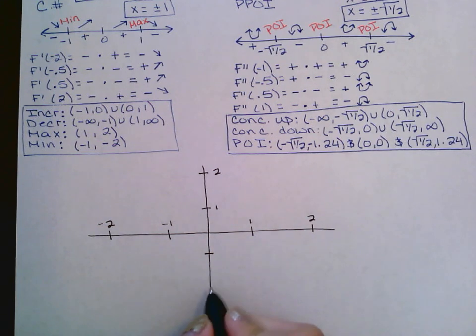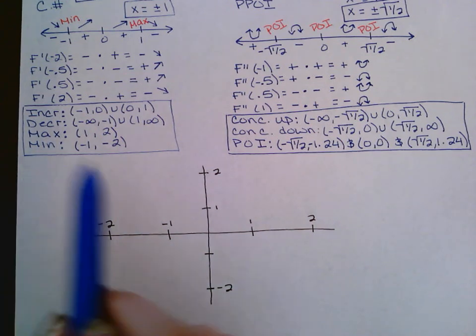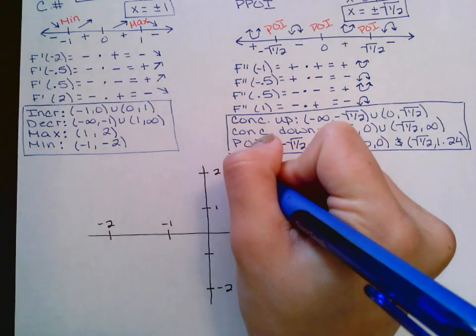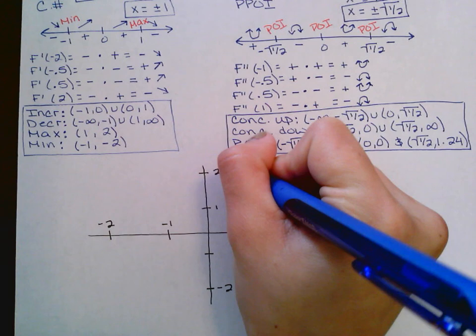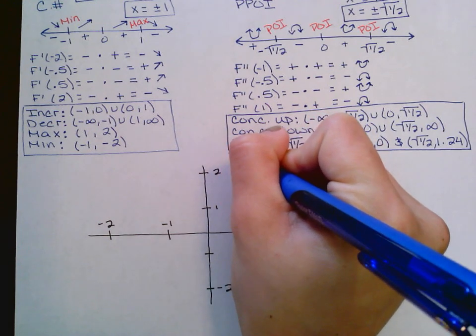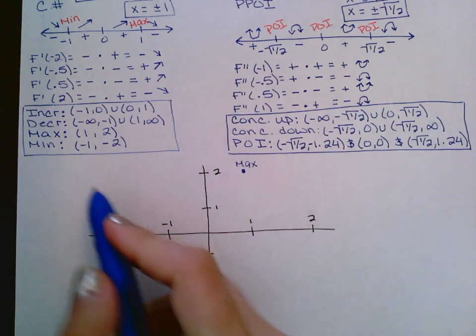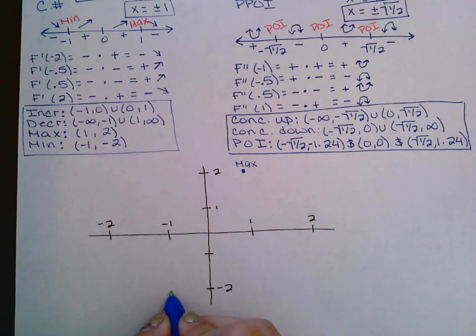I was a little lower. Okay. So now I'm going to just put a dot where my max, mins, and points of inflections are. I have a max at 1, 2. I have a min at -1, -2.